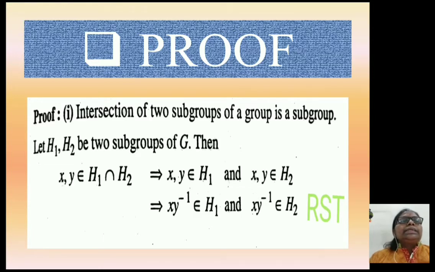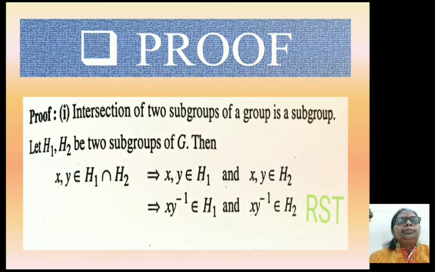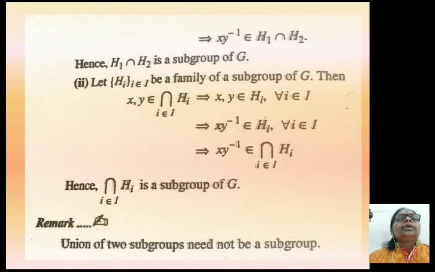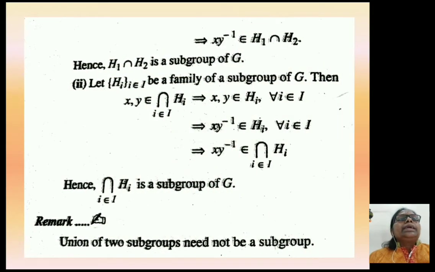This implies xy inverse belongs to H1 and xy inverse belongs to H2 by the previous theorem. This implies xy inverse belongs to H1 intersection H2. Hence, H1 intersection H2 is a subgroup of group G.